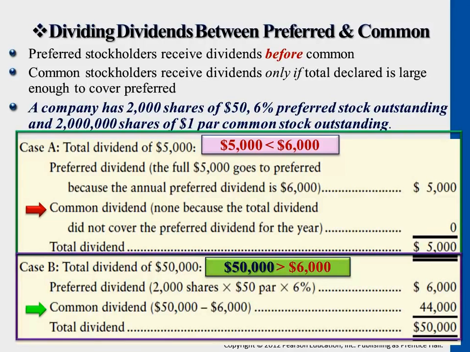Now this other example is where companies issued a lot more than what preferred shareholders are able to get. So in this case, common shareholders also get dividends. Companies always consider preferred shareholders' dividends first, and then if there's anything left, that goes into common shareholders' hands.